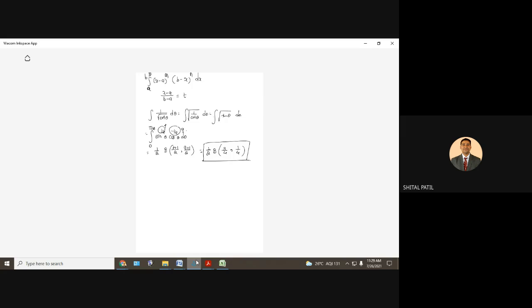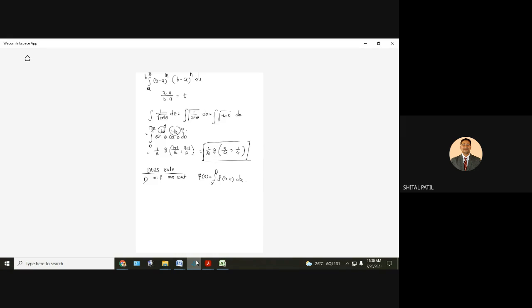After the beta function, we studied Dy's rule. Rule number 1, whenever alpha and beta are constants. This is the integral.